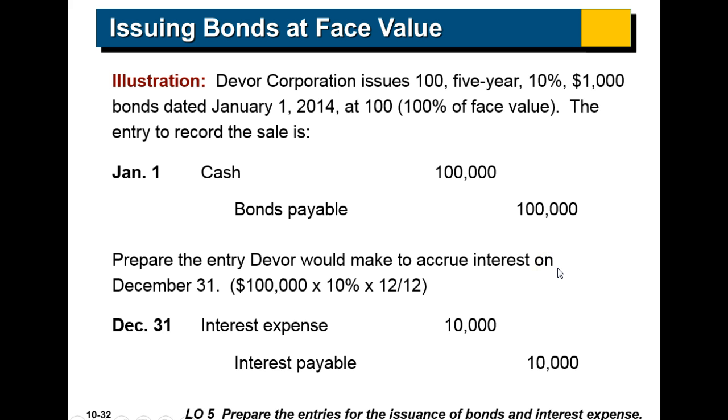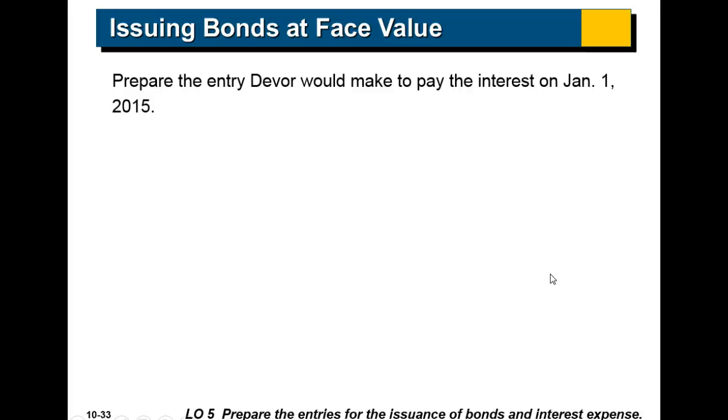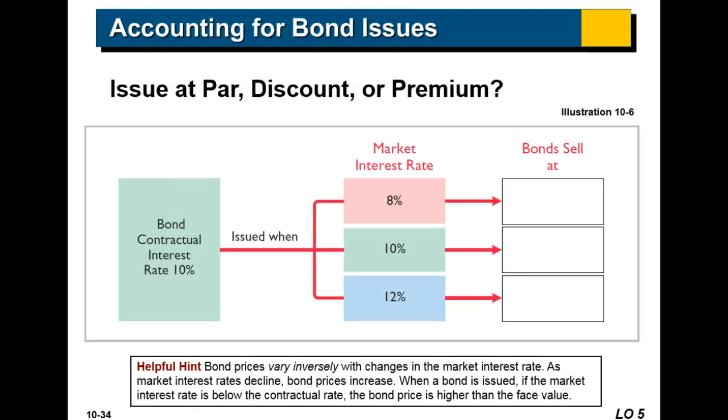That's simple, isn't it? Prepare the entry Devor would make to pay the interest on January 1st of 2015. All we're going to do is debit interest payable of $10,000 and credit cash. They paid it. Does that make sense? Now, that's issued at par. That makes it pretty easy.